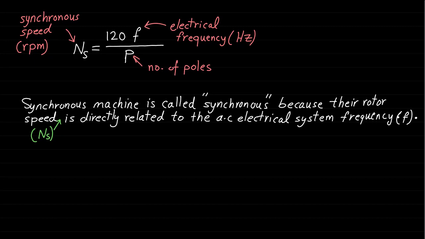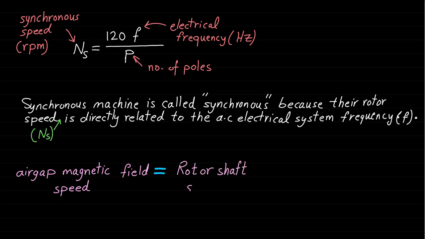the electrical frequency. We will learn later that the air gap magnetic field of the synchronous machine rotates at synchronous speed. That means the air gap magnetic field speed will be equal to rotor speed and both equal to synchronous speed.